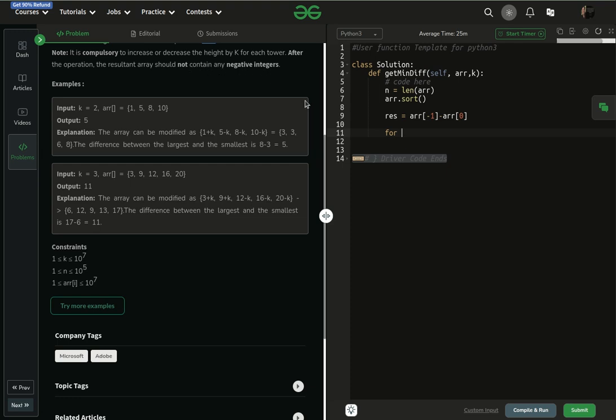So for I in range 1 comma n, and there is a condition: if array of I is greater than or equal to k, then we find our minimum height, which is the minimum of array of 0 plus k, and array of I minus k, every time.